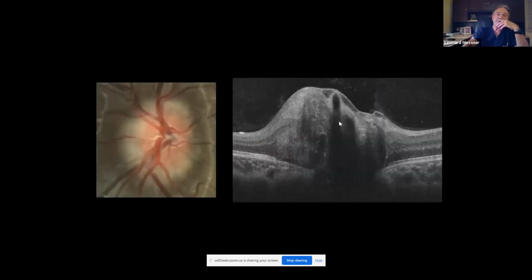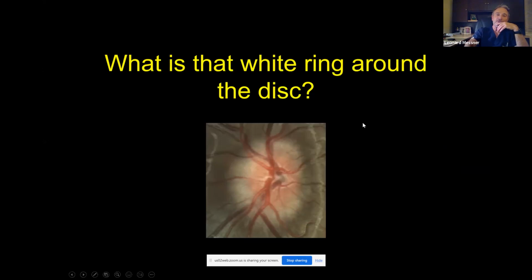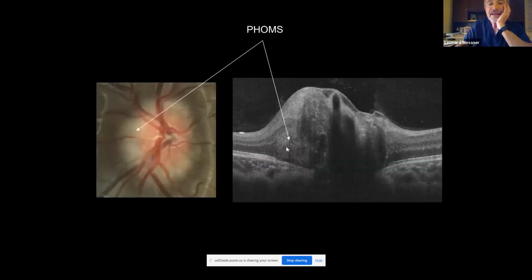So, getting back to this ring around the disc, I think we need to get away from looking at people with anomalous optic nerves, seeing that white thing, and really setting off the bells, because if you look at this stuff on OCT, this is what you see. And these are the FOMs that I was describing earlier. These are nothing more than bulging axons.